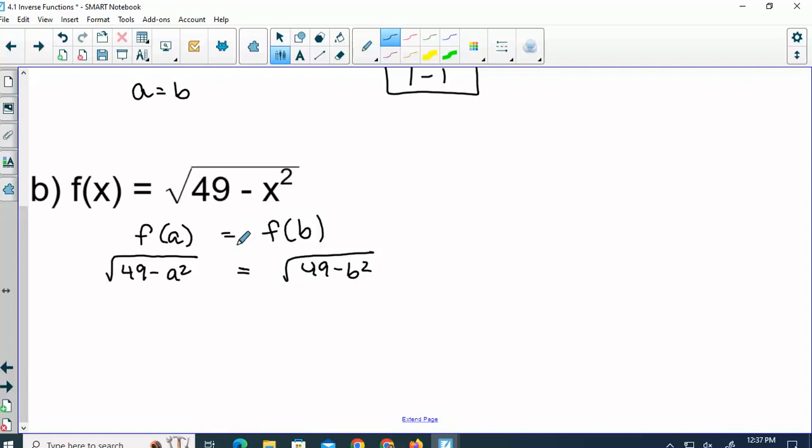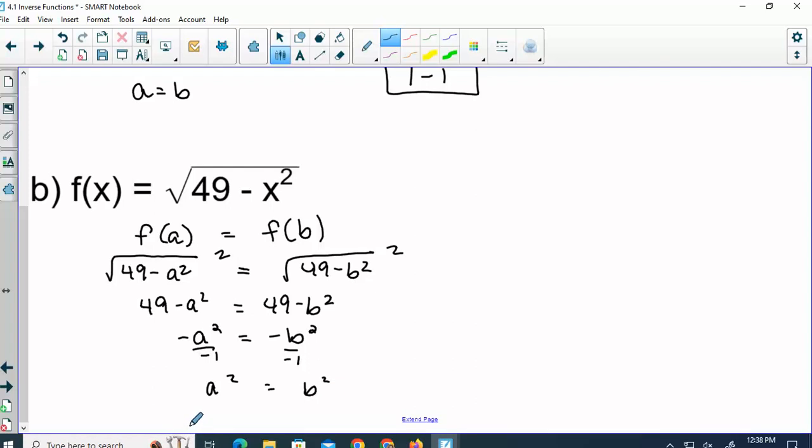Opposite of a square root is? So if I square on each side, then what would we do? And we could divide by -1. We get a squared equals b squared.